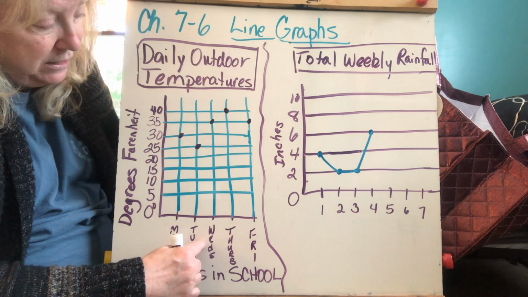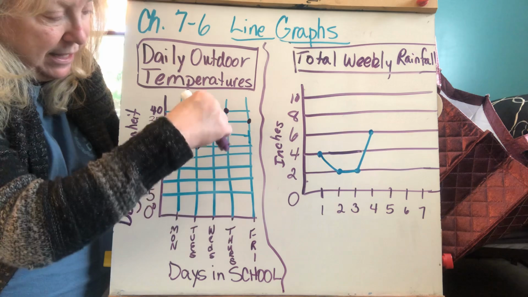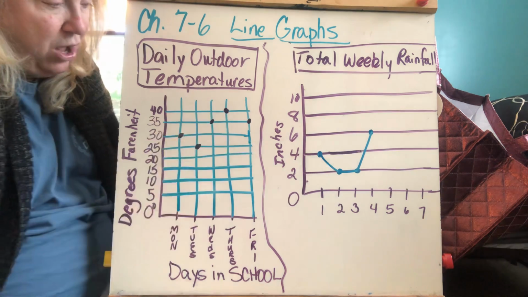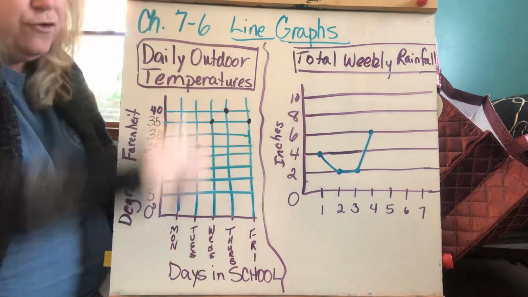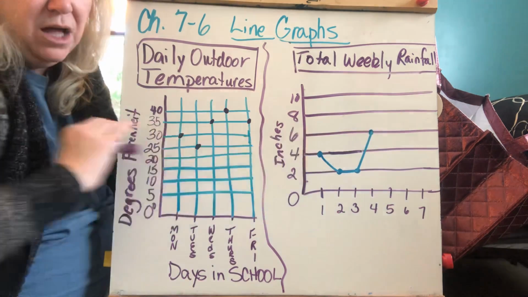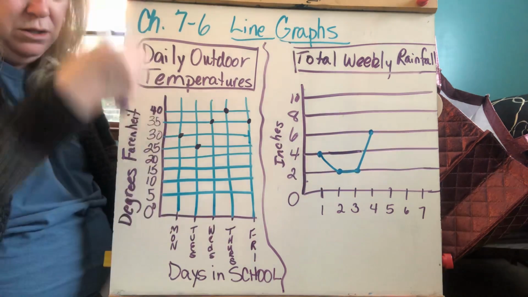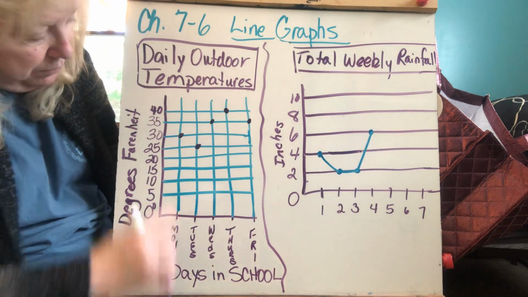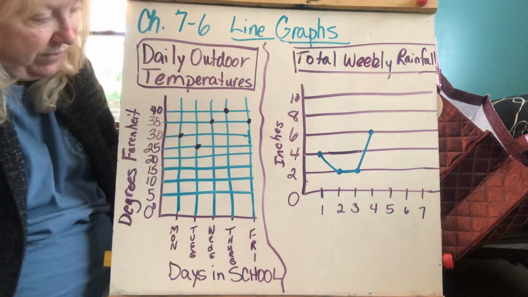On Wednesday at 10 o'clock, it was 35 degrees. So over Wednesday, they put a dot on the line that went across, horizontal, okay? And they put it over Wednesday at 35 degrees.